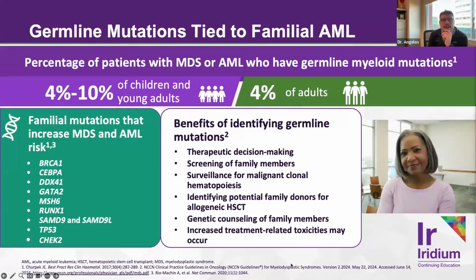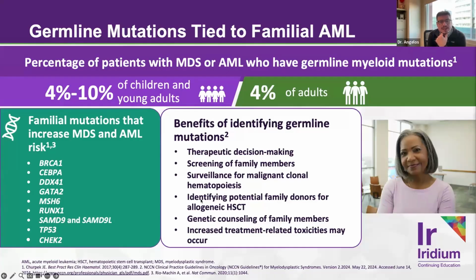We do know quite a bit about these classic genes that cause hereditary syndromes like RUNX1, DDX41, GATA2, TP53. But now we're starting to see other mutations playing a role in this hereditary fashion, such as MSH6, BRCA1, and then also CHEK2. So again, if you identify these types of mutations on somatic NGS testing, it should really set off some alarm bells that we should be following this up with dedicated germline testing.